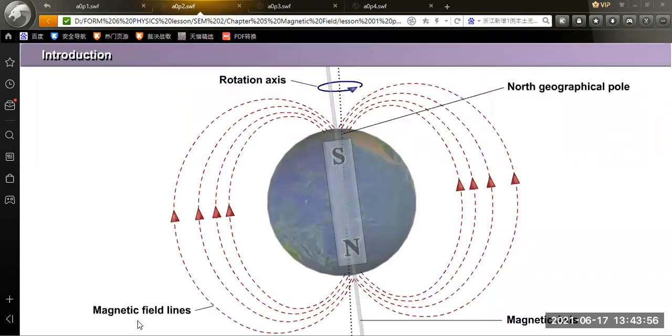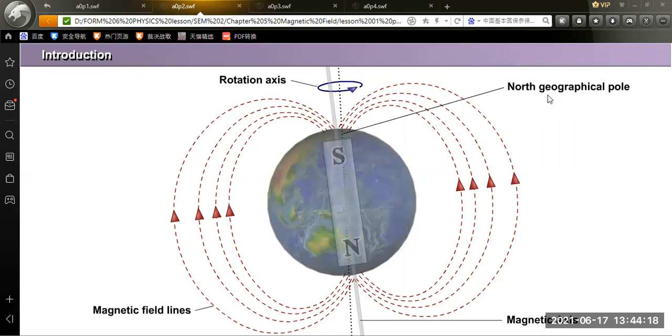Now, we go to the next slide. The Earth. Our Earth is actually considered a big magnet with a North Pole and a South Pole. We have the North geographical pole.